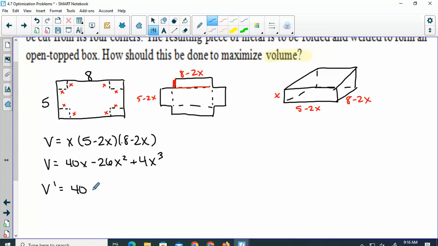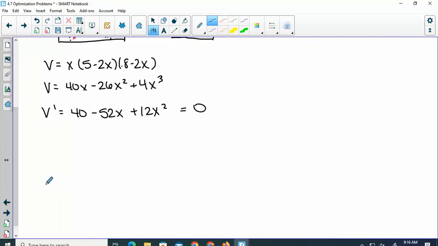So we get 40 minus 52x plus 12x squared. And we want to set that derivative to 0. Can I divide by anything? Yeah, let's go.